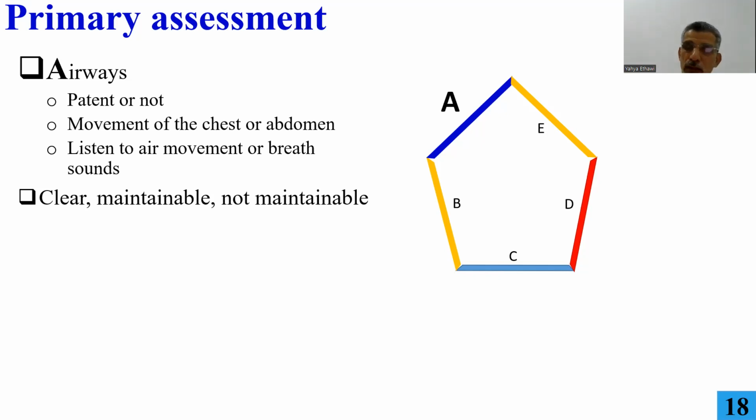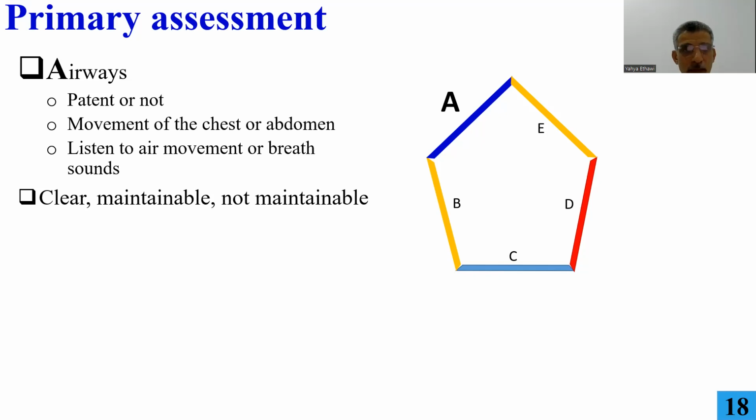Maintainable means that with support, the baby can breathe. Not maintainable means that without support, the baby cannot breathe. So when you say maintainable, the baby can breathe without active respiratory support, and active means you give support, whether invasive or non-invasive. Not maintainable means that without active respiratory support, the child cannot breathe.